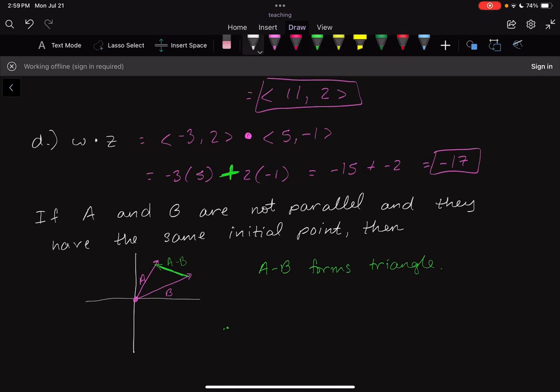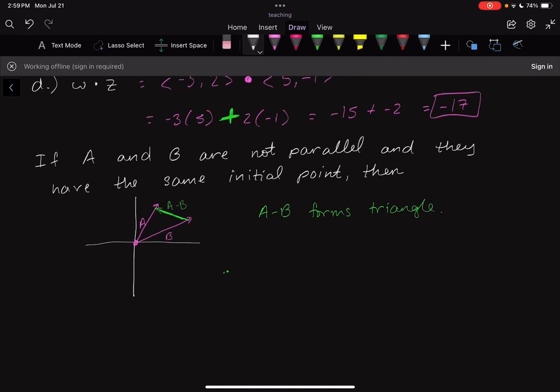But if we want to find the angle between these two vectors, this angle right inside of here, we actually have a formula for that, and it comes from law of cosines. But I'm just going to give you the easier formula. So here you go.